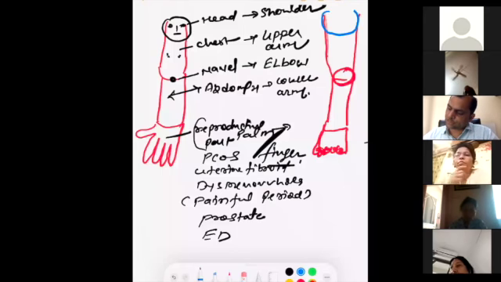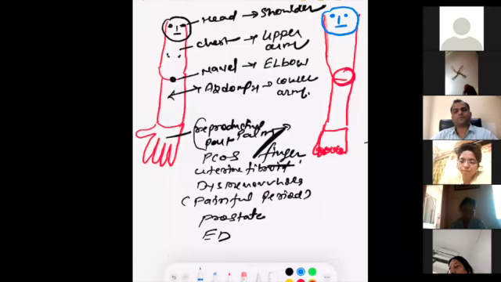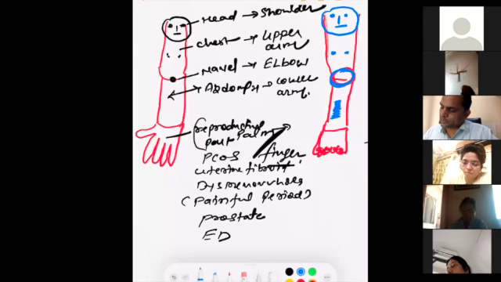So we can do the imagination of head region in the hip. We can do the imagination of the chest region in the thigh. The knee is equal to navel region. And from this lower part, we can treat the abdomen. From this part, we can treat the abdomen. And this foot and toes will become genitals.